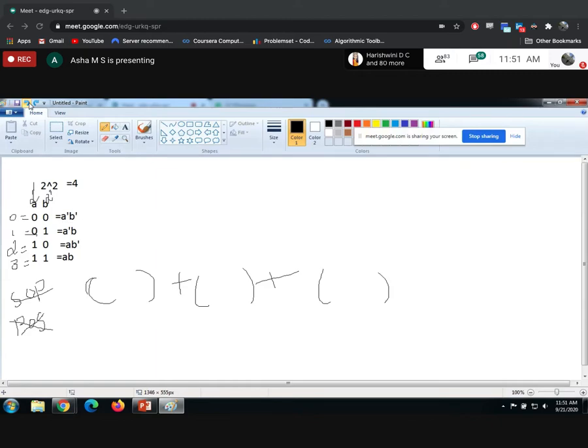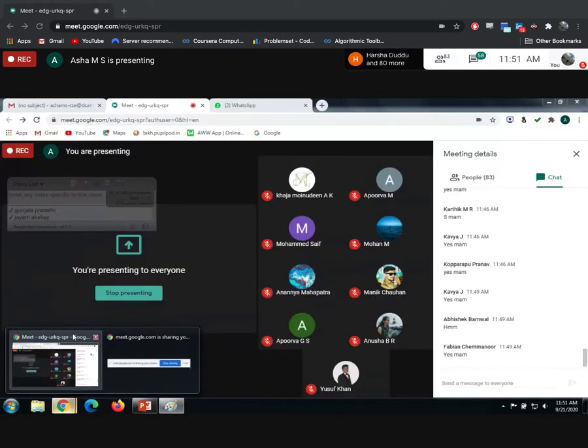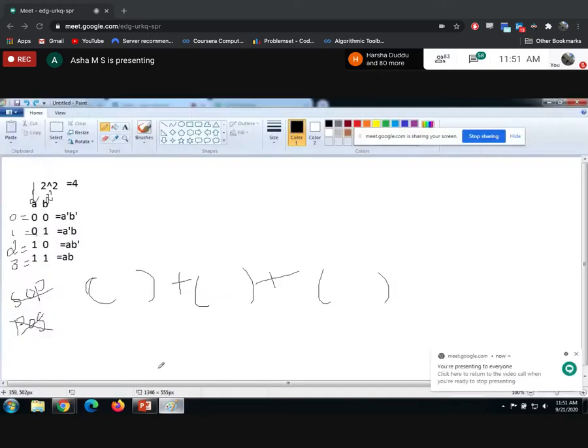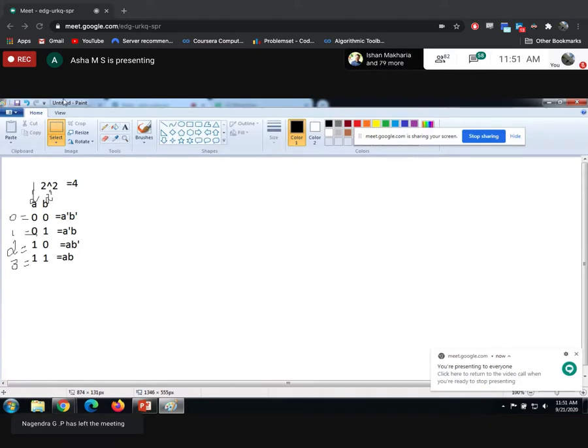We will be using all the terms: products, min terms. Don't get confused. Right now we will be studying only SOP, not POS. Just think that POS doesn't exist, otherwise you people will get confused. So this is the way we will be writing the truth table for two elements.